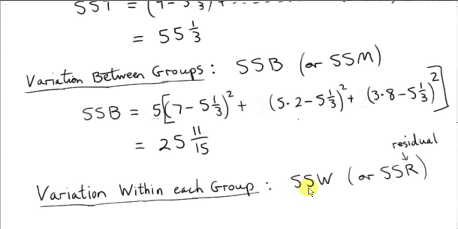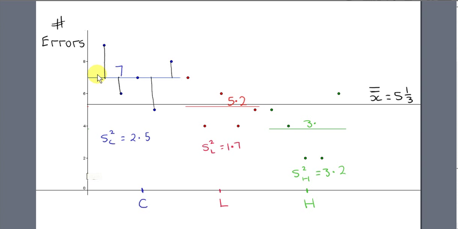So let's see what this source of variation looks like on the scatter plot. So we are going to get the variation of the values in each group about the group mean. So we're going to get the distance of each value from its group mean. It's represented by these vertical lines. The distance of this value from the group mean is 0 because it is equal to the group mean. We do the same for each group.